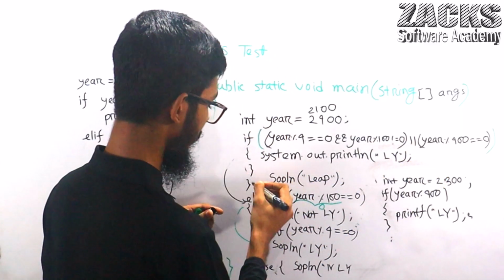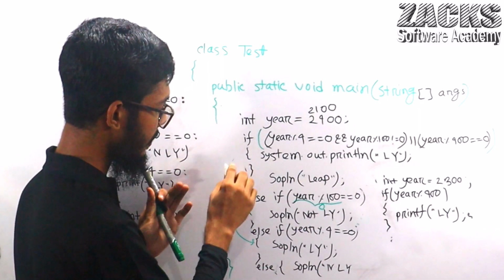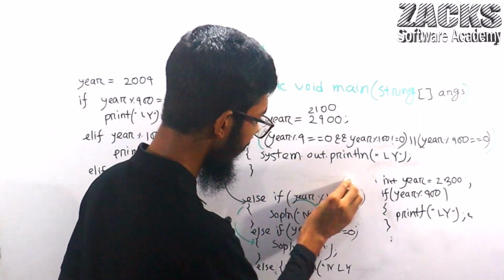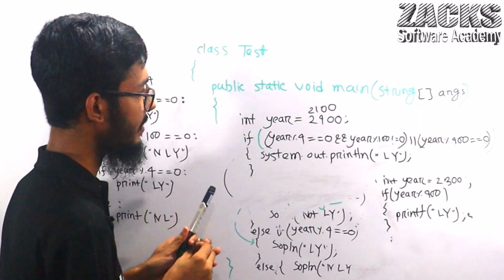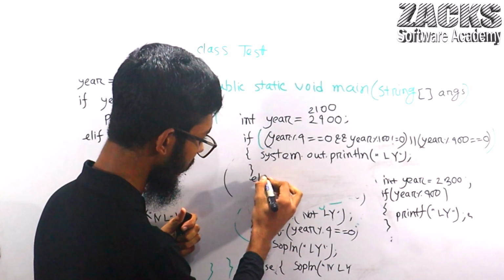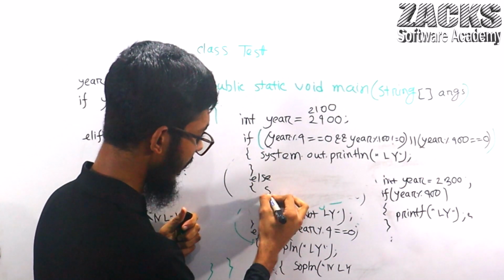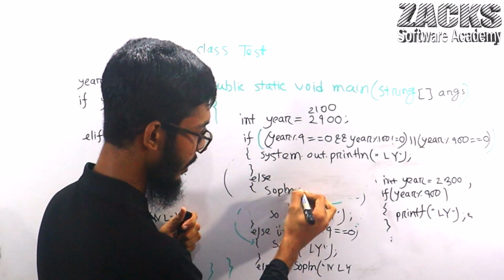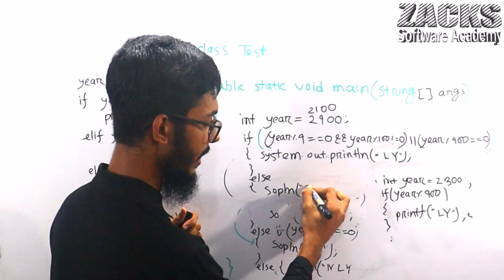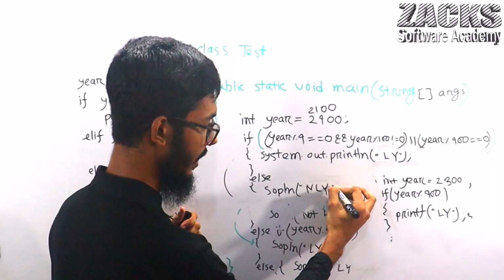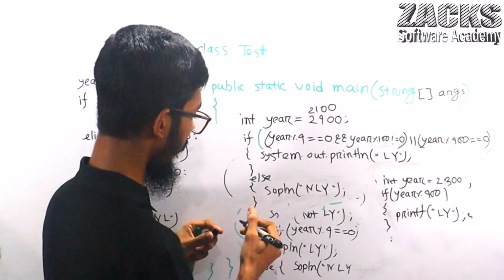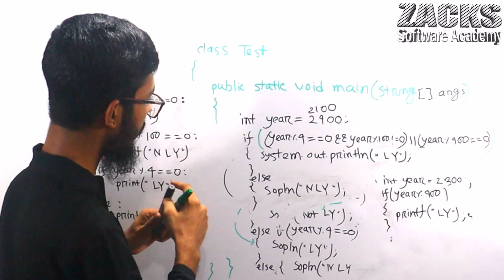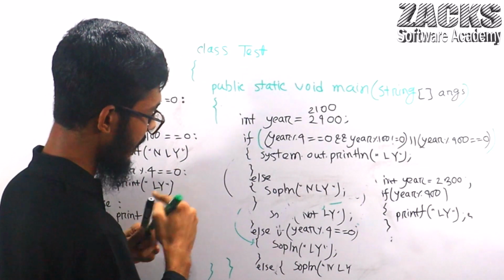Otherwise else what? The same line we are writing now. Else, SOPLN System.out.println, this is not leap year. N for not, L for leap, Y for year. I hope you got this point, and let me close this one. Okay, this is the Java code.